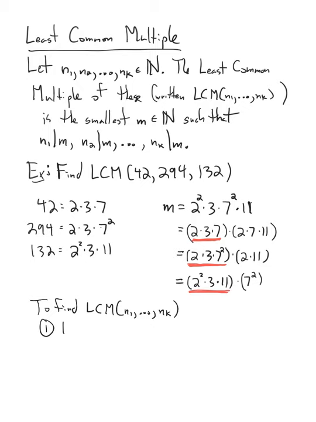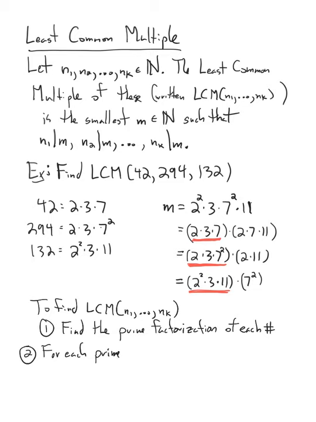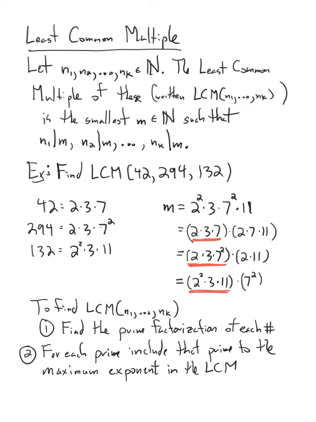So first, just like before, find the prime factorization of each number, and then for each prime, include that prime to the maximum exponent in the least common multiple.